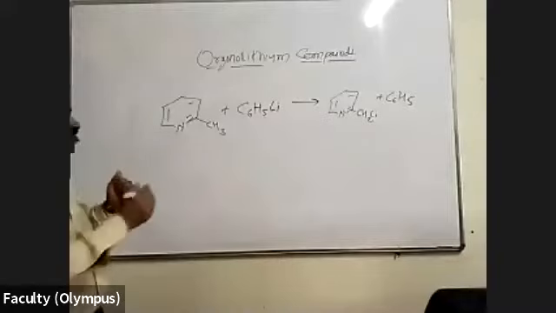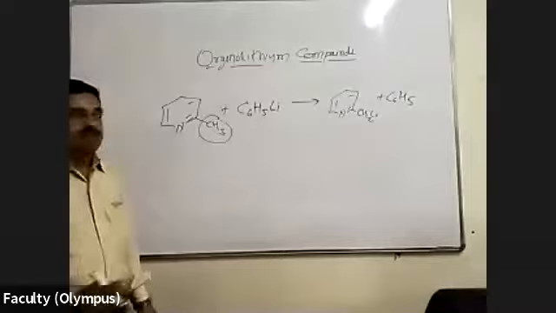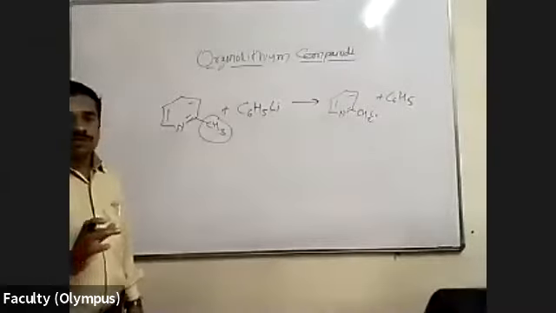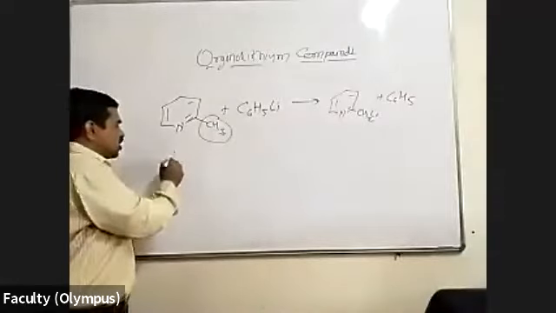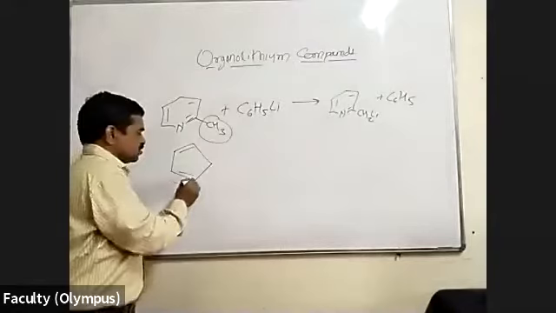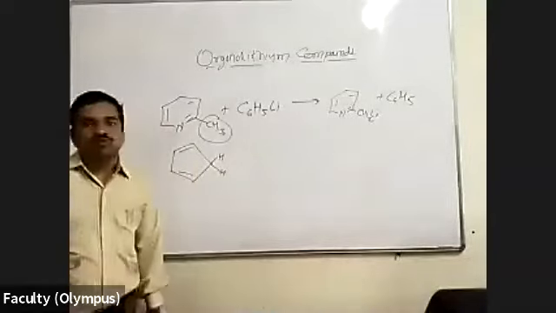For this metallation, this group must be an active one. For example, if we take cyclopentadiene, this CH2 is the active methylene group.